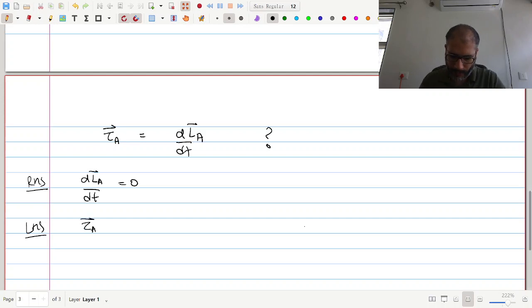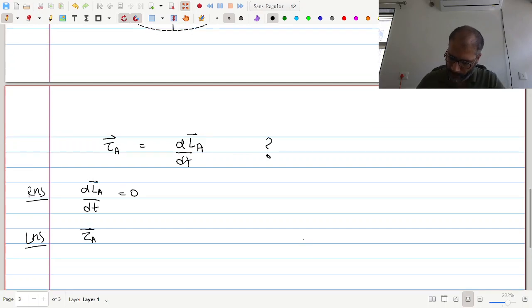So what is the torque about point A? Let's draw the figure again. If I draw the free body diagram of the bob, it has mg acting in the negative z direction. It has tension from the rod acting in this direction.